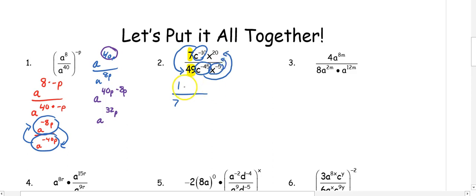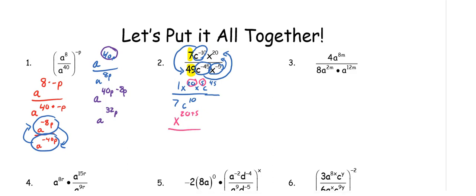So when I rewrite this, I have x to the 20th, x to the 5th, and c to the 45th in the numerator. And in the denominator, I have c to the 10th. So we have exponents for x that are in the same part of the fraction, so those can be added together. So we would have x to the 20 plus 5.